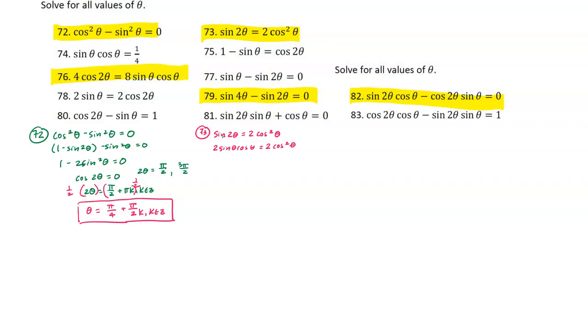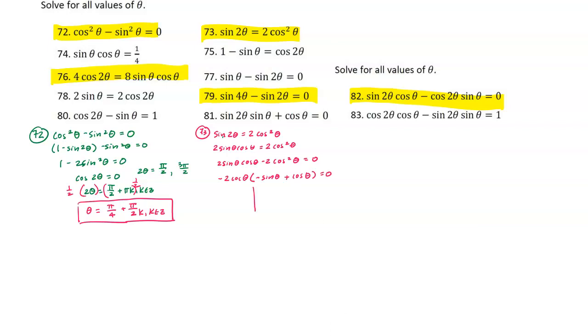Set the right-hand side equal to 0: 2 sine of theta cosine of theta minus 2 cosine squared theta equals 0. Let's go ahead and factor out a -2 cosine theta. So I'm going to get a negative sine of theta and a positive cosine of theta equals 0.